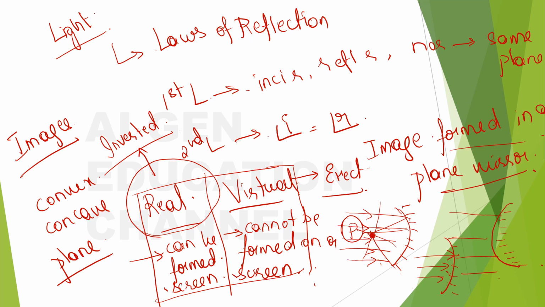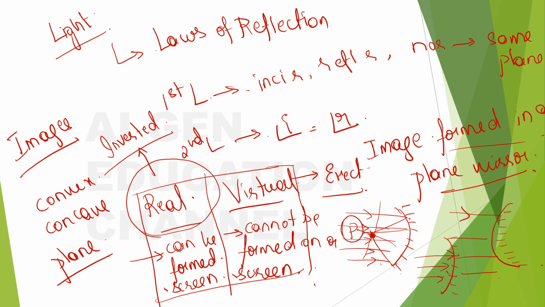It is just a perception that they are converging. Converging means meeting at a point, and they are not actually meeting. It is called a virtual image. And as they are not meeting, these cannot be seen on a screen. I have mentioned this to show you what a virtual image is, right?